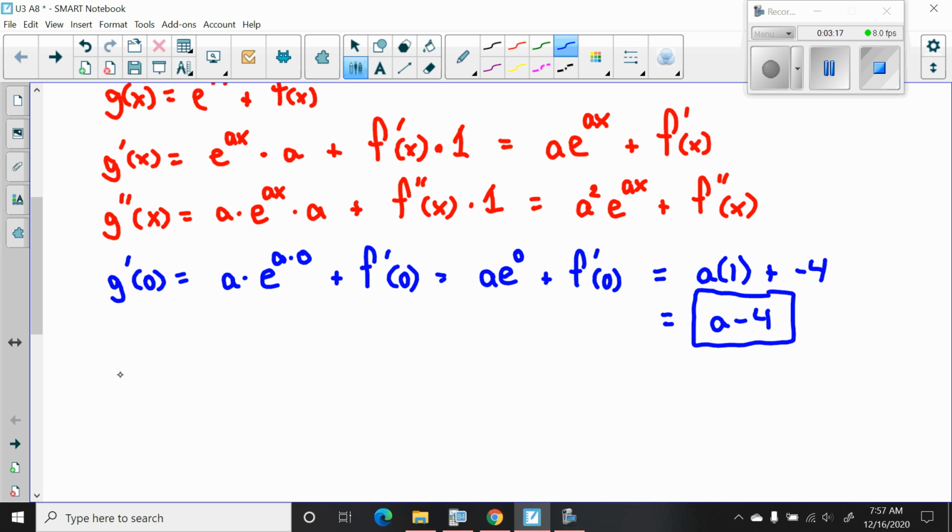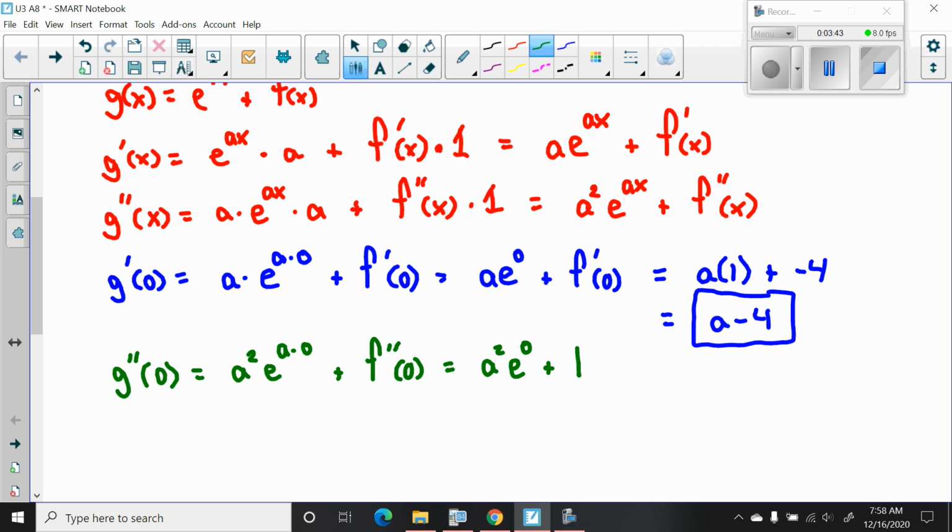G prime of 0. G double prime of 0 would be a squared times e to the a times 0 plus f double prime of 0. And again, there's a value up there for that. This would be a squared times e to the 0 plus f double prime of 0.